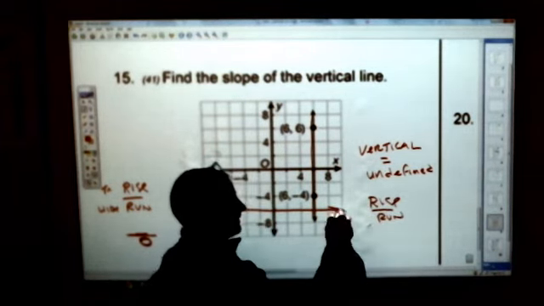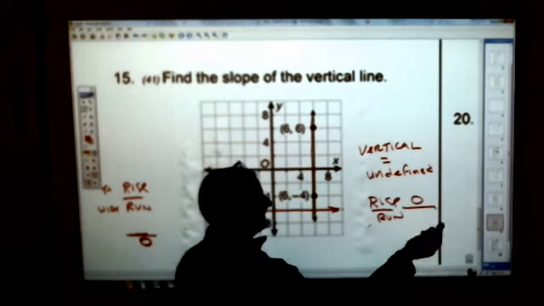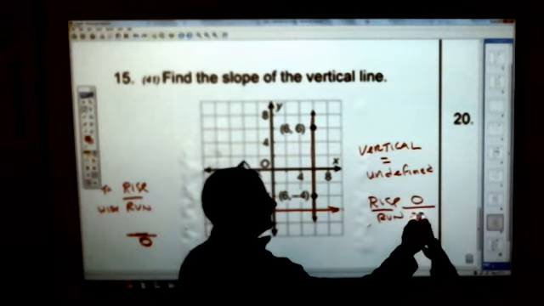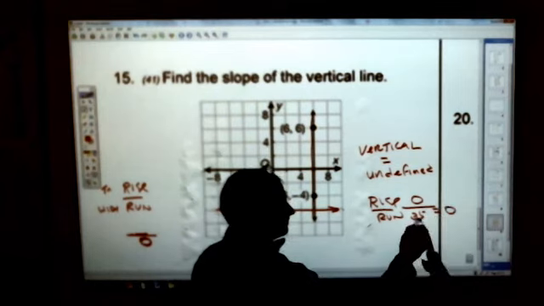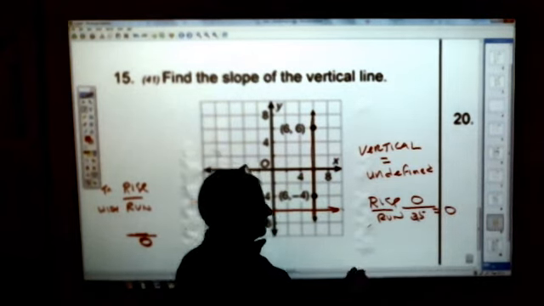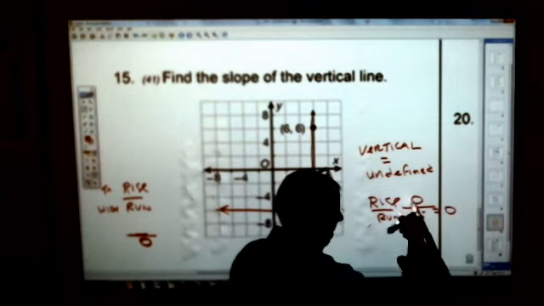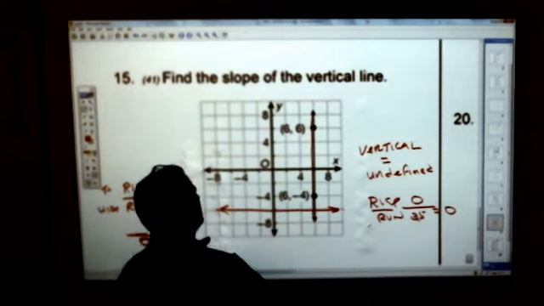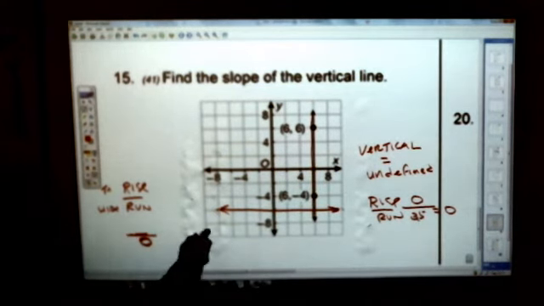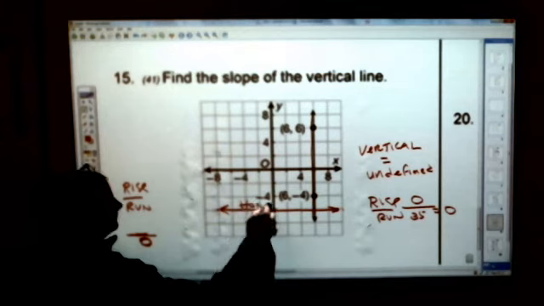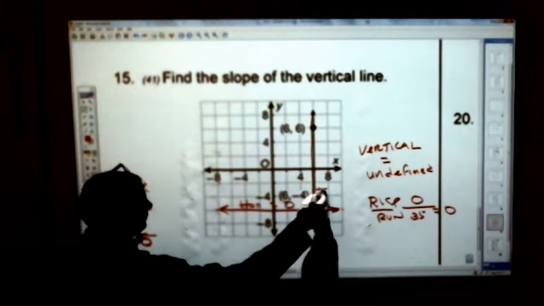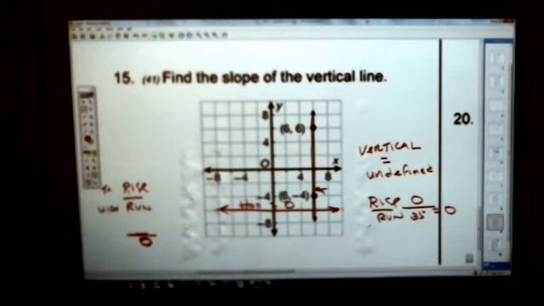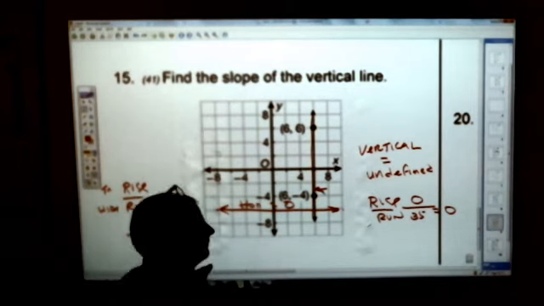How high is this line? It is 0 high. It could be 35 wide. You get 0 no matter what number you put on the bottom. So you can divide 0 by a number, but you can't divide a number by 0. So horizontal lines equal 0 slope. Vertical lines are undefined slope.